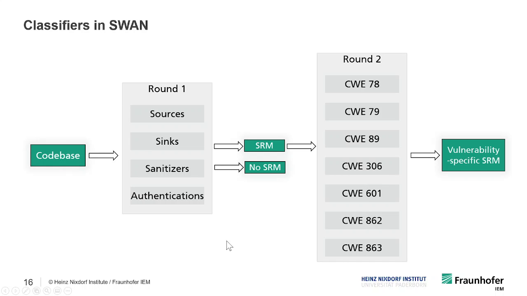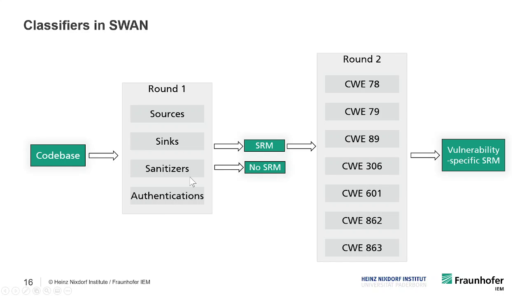In round 1, we will classify all the methods into different security relevant methods. And as I said, we support sources, sinks, sanitizers, and authentication methods. All of these classifiers run individually, and they are all binary.